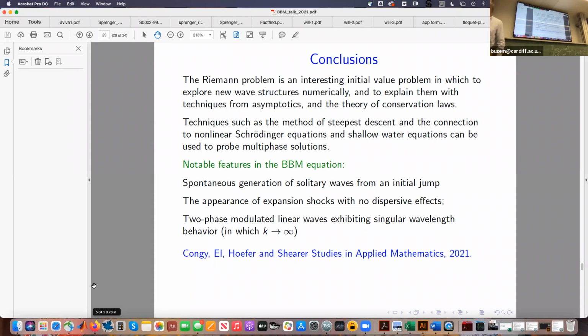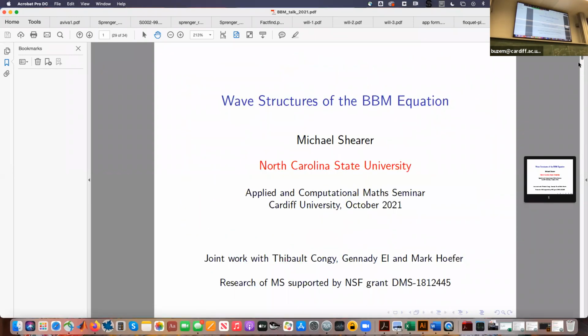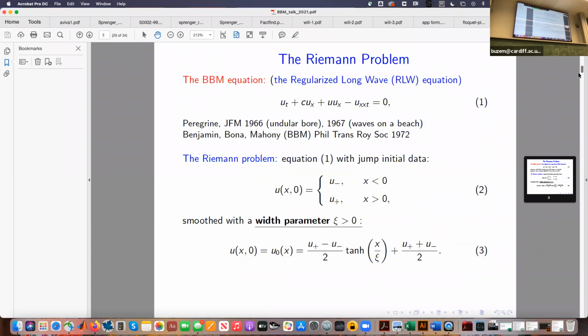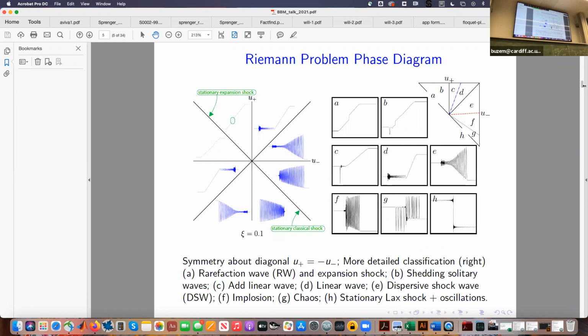Okay, let me answer that. It's really ducking the question, but I'll answer it anyway. If I go back to the phase diagram, the answer to your question is we chose data in the middle of each sector, and then it's not sensitive at all.